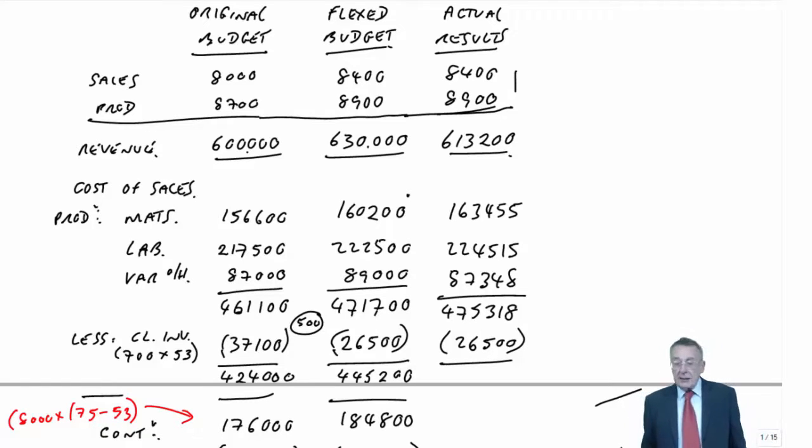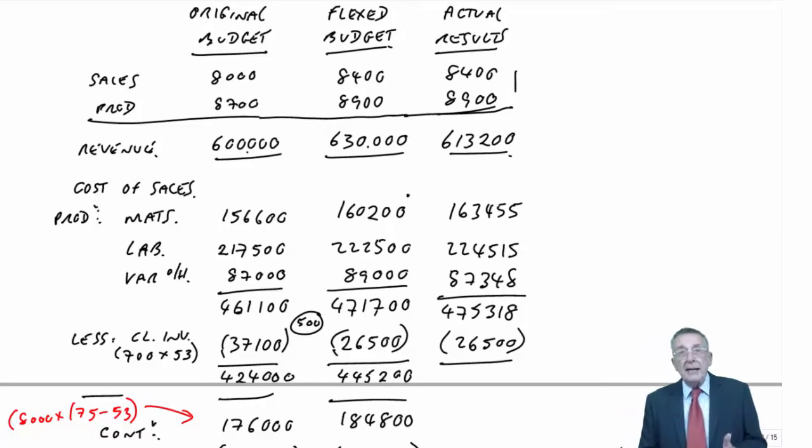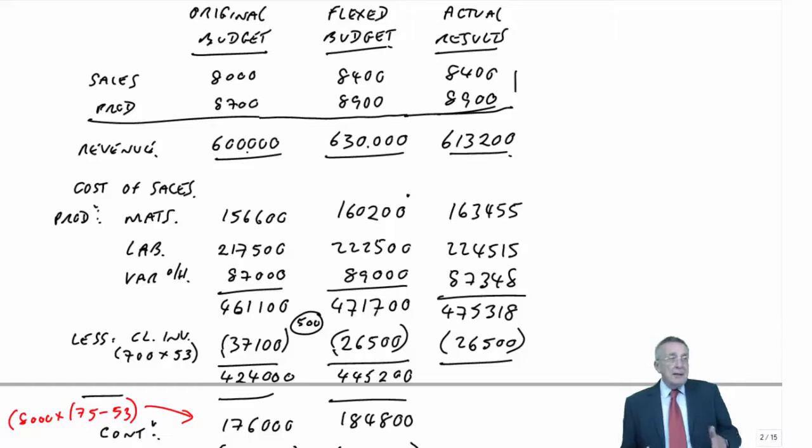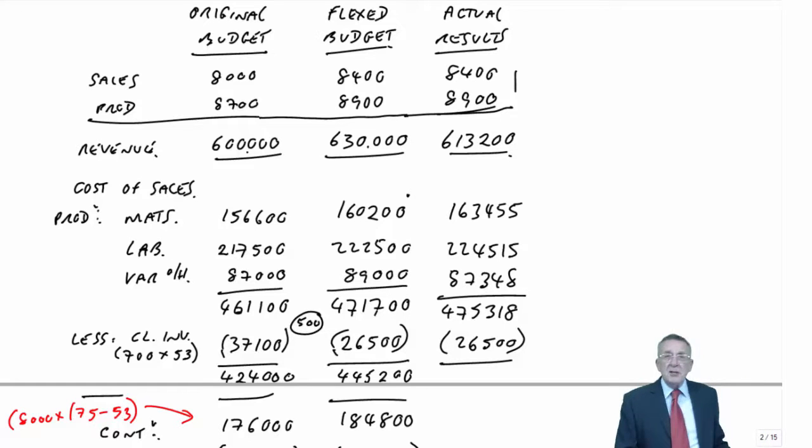Now I'll tell you why we do that. Remember, we're not doing financial accounts. In financial accounts, you value your inventories at actual cost. But the reason we value at standard is that usually this exercise would be done monthly. Some months you might spend more than 53 a unit, some months you might spend less than 53 a unit.